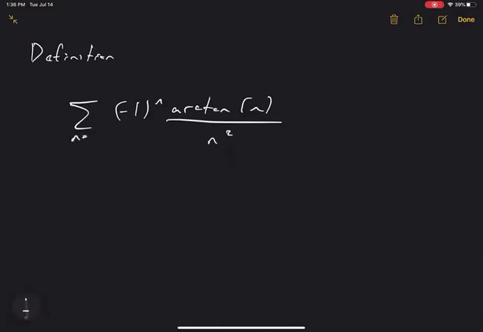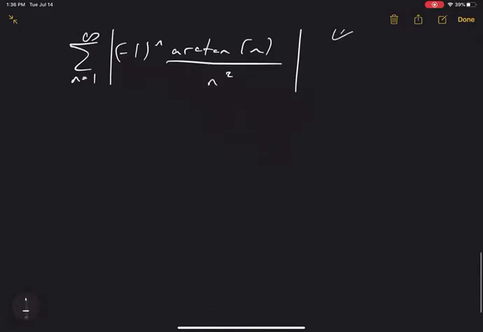Instead of trying the ratio test or root test, I'm just going to look at the series of absolute values. We say something's absolutely convergent if the series of absolute values converges. So let's see if we can just look at this series and tell if it converges. The absolute value cancels out the negative, so the series of absolute values is just this.